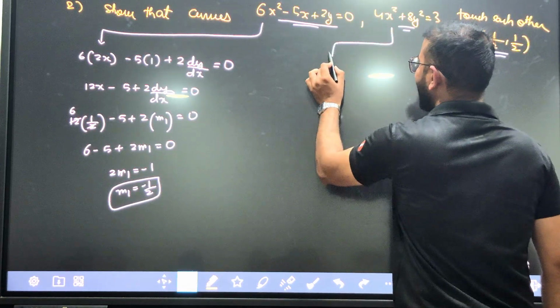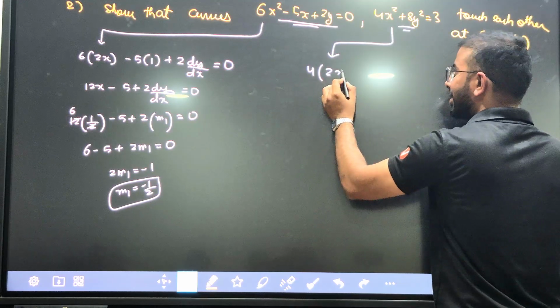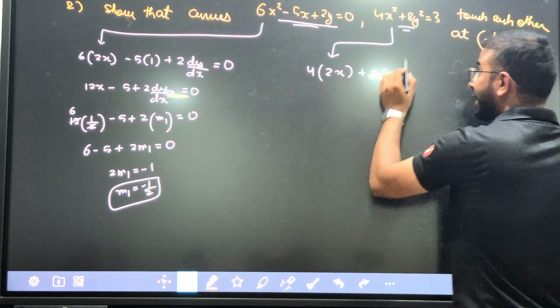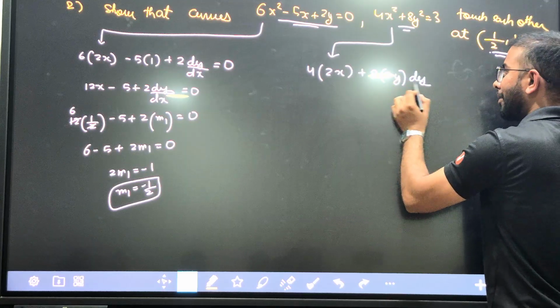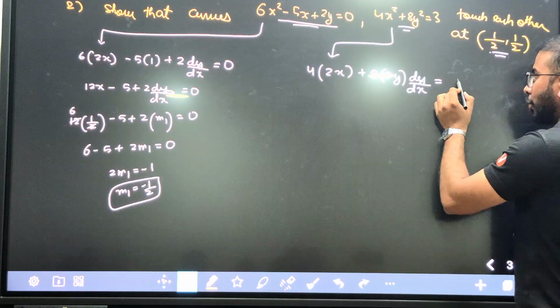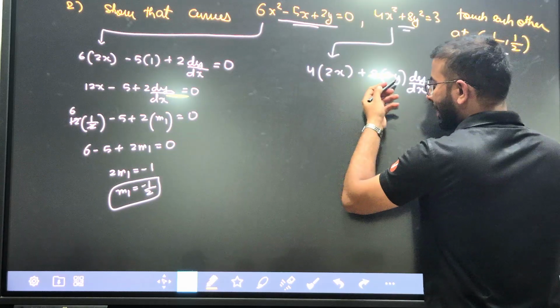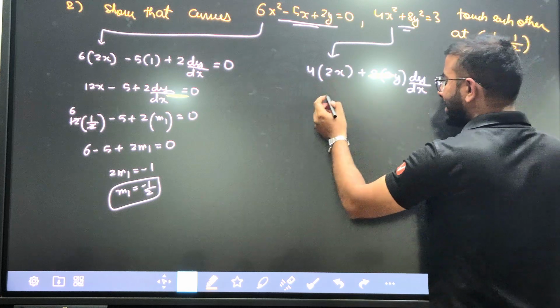Okay, second one. Let's see. Be with me. 4, what is x square differentiation? 2x, plus 8. Y square differentiation? 2y, and y differentiation? Dy by dx. And since 3 is constant, its differentiation would be 0. Very good. Now you can take common and cancel. Actually 8x, but let's write this first.